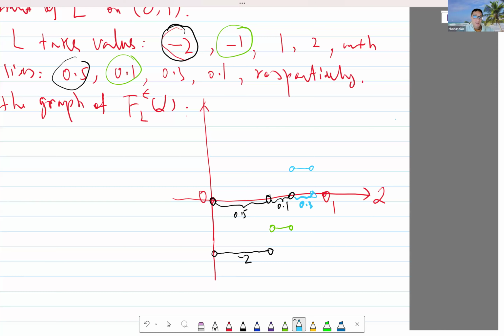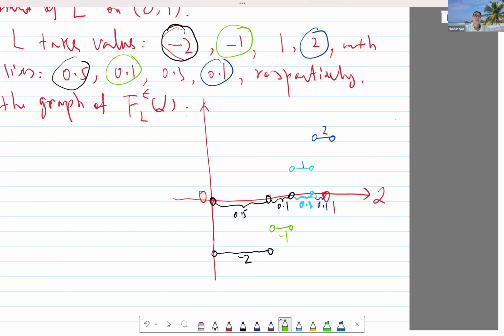The next value is 2, with probability 0.1. Of course, the remaining interval has length 0.1, and the value of the function f left arrow is 2. So 2, 1, and this is -1.